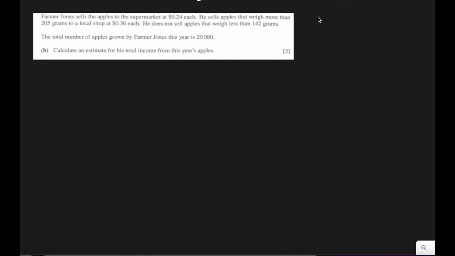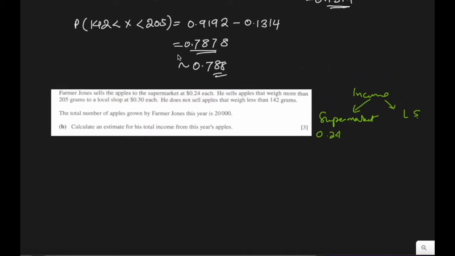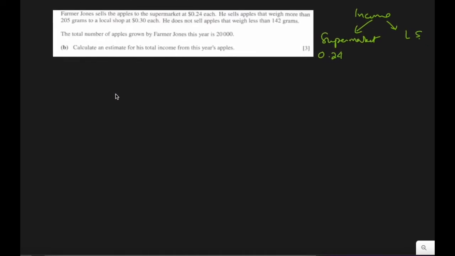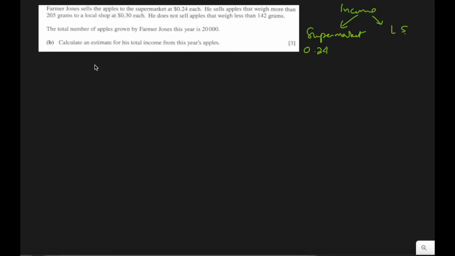Okay, so his income, let me write here. Income is from two sources: supermarket and local store. So he sold here at 0.24 and we got 0.7878, the probability that it is between 142 and 205, and this is the rate at which those were sold.